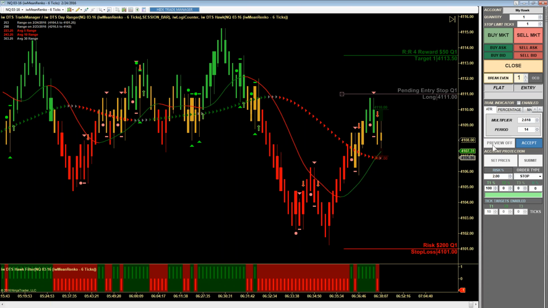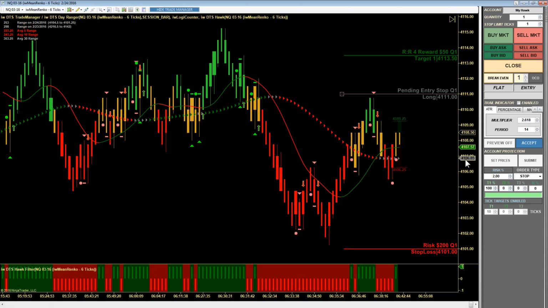This tool you're seeing me use here to place the orders, this is called the Trade Manager. This is a very important tool. I'll get into it more as we go along today, but the key feature here of the Trade Manager is that it controls my risk exposure. Never will my trade risk more than 2% of my trading capital, regardless of where I place my stop.